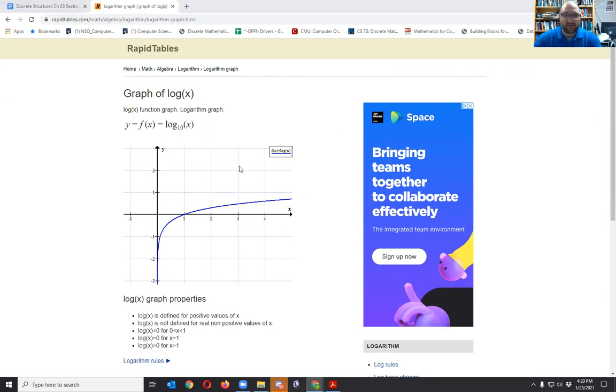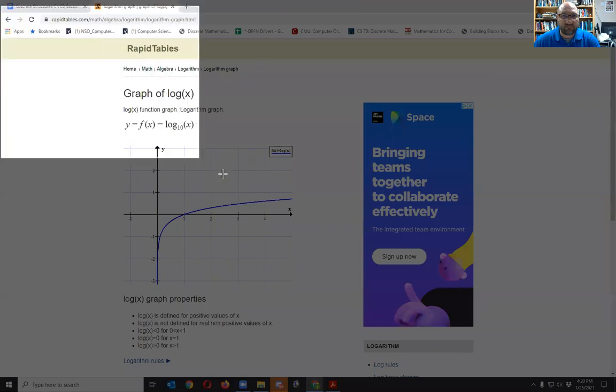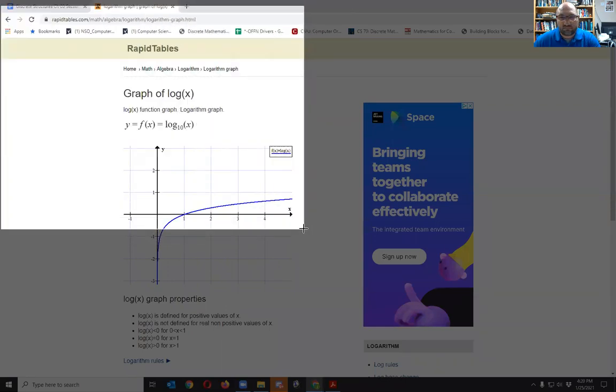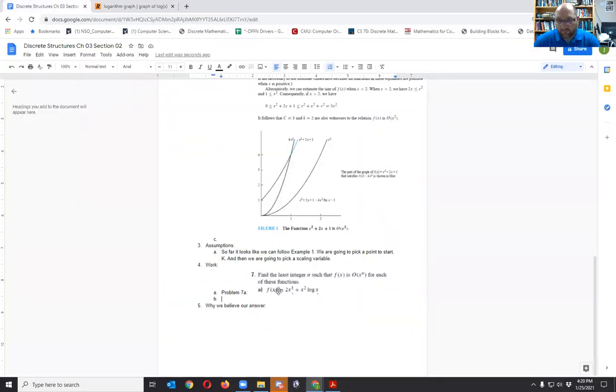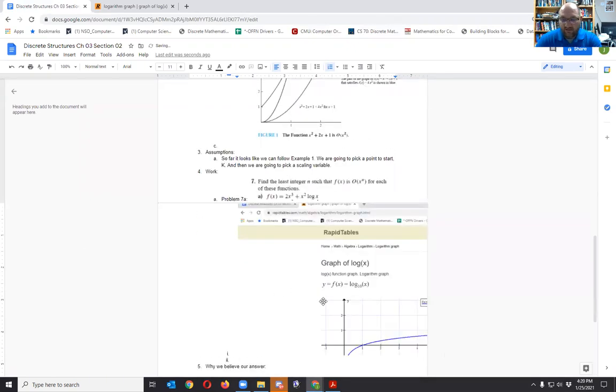So I'm going to grab this and pop it in here. So we can see that log of x is going to be less than x for all, I think you can pretty much say for all x.